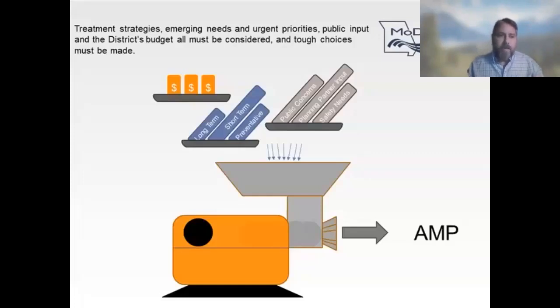So as the district looks at what resources they have, what strategies they can use, what their public is needing, and what their concerns are, what safety and emerging needs are out there for their districts, they have to make difficult decisions.